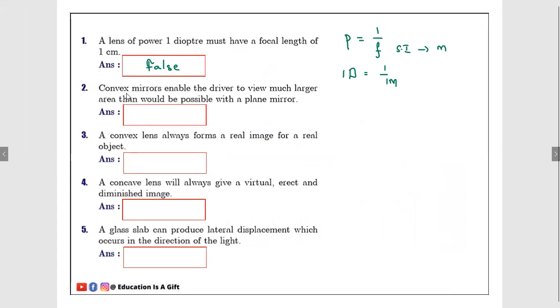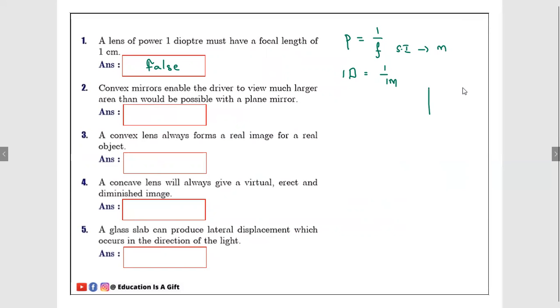Number two: convex mirrors enable the driver to view a much larger area than would be possible with a plane mirror. If a driver is driving his vehicle on a highway and you arrange a plane mirror, he cannot cover the total area. A much larger area cannot be covered.